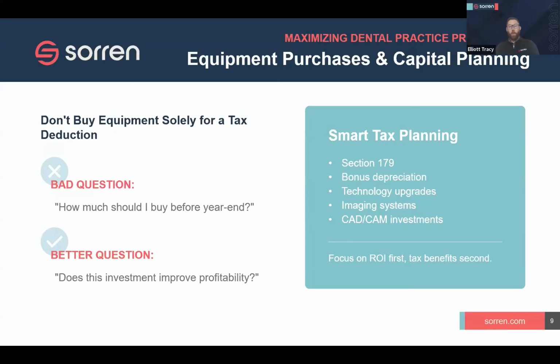So when I talk about equipment, I really do focus on the return on investment first and the tax benefit of it second. Is there a time and place for buying new equipment and taking 100% of it? Absolutely. Is that always the answer? No. We want to be efficient in this decision making.